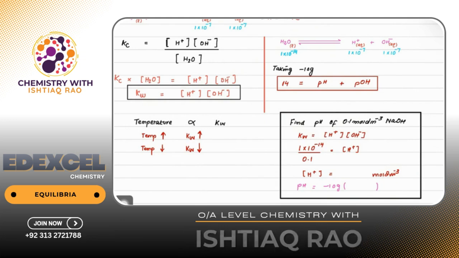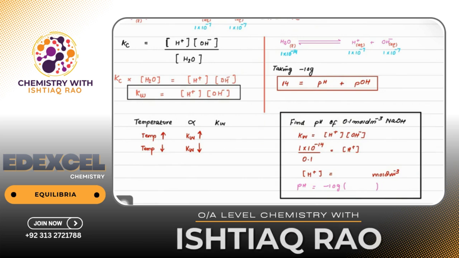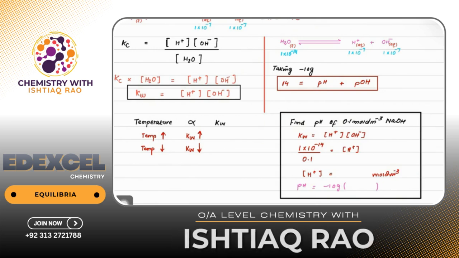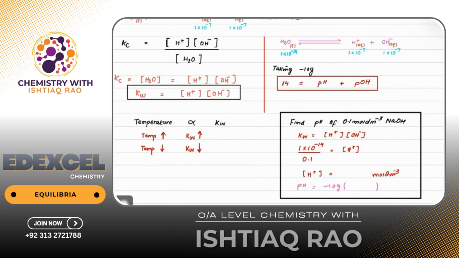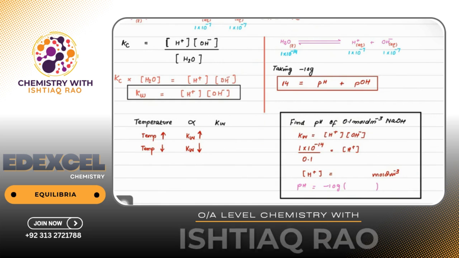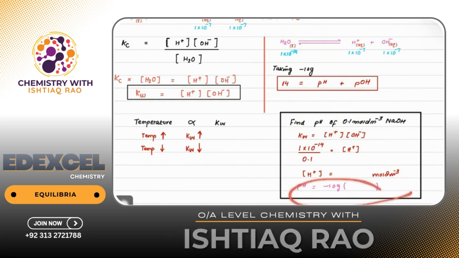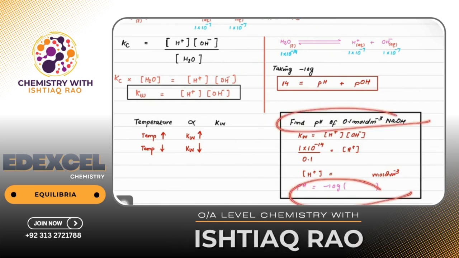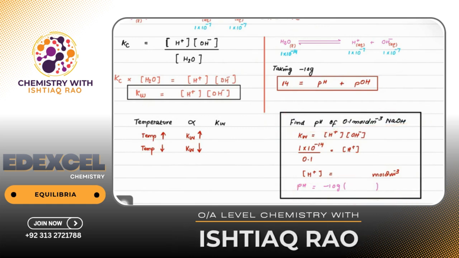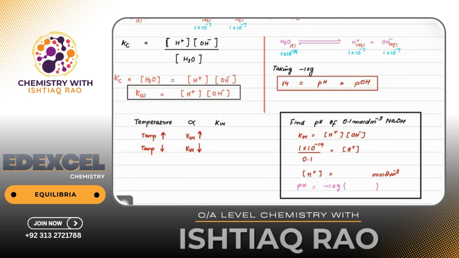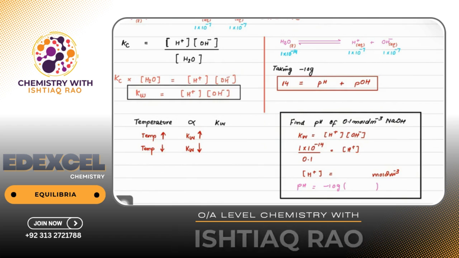That's why you have to see the question, whether the concentration of acid is given, whether the concentration of base is given. If the concentration of acid is given, you can directly apply this formula. But if the concentration of acid is not given, you first have to find the concentration of H positive ion, then you can apply the concept.